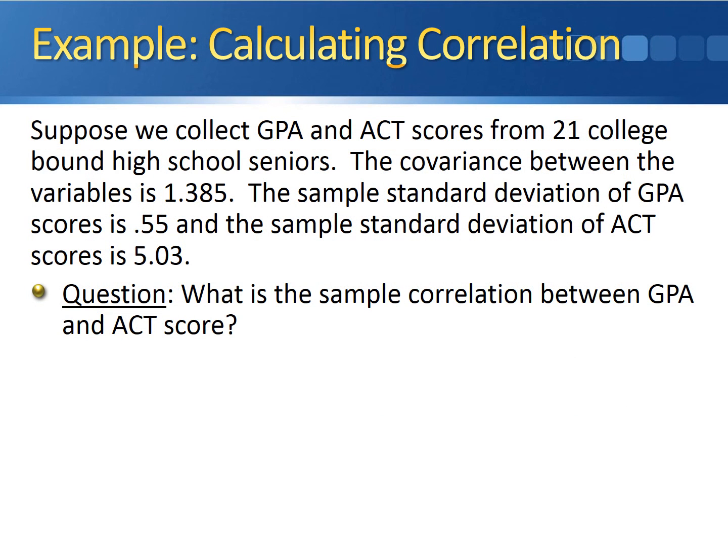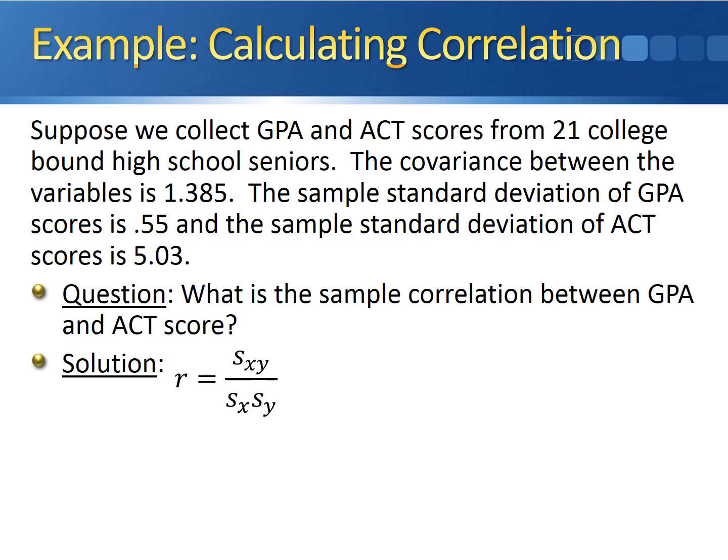And so going back to our GPA versus ACT score example, we find that the covariance between the two variables is 1.385. The sample standard deviation of the GPA scores is 0.55, and the sample standard deviation of ACT scores is 5.03. What we want to do first is calculate the sample correlation between GPA and ACT score.